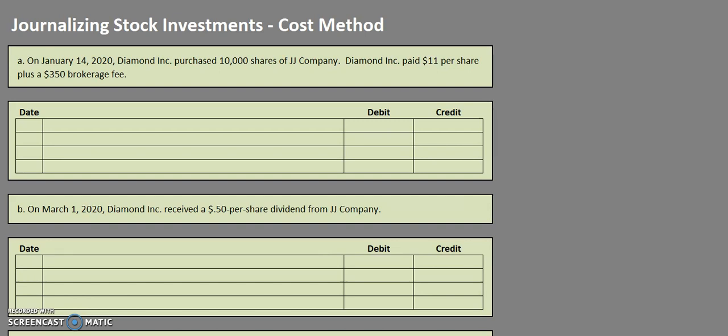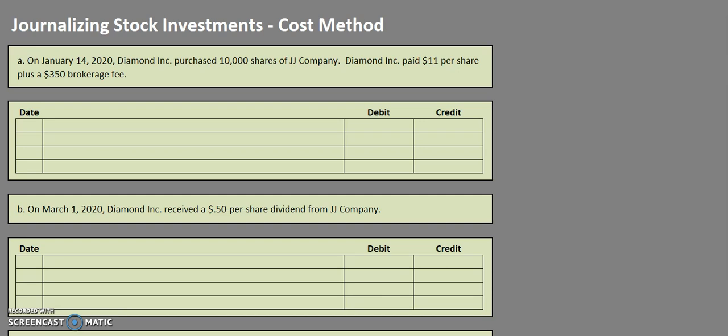In this video we are going to be going over the cost method of journalizing stock investments. The cost method is simply used when we do not have any significant influence over the company by investing in those shares. Keep in mind, whenever we invest in another company's shares, we are essentially becoming owners of that company.